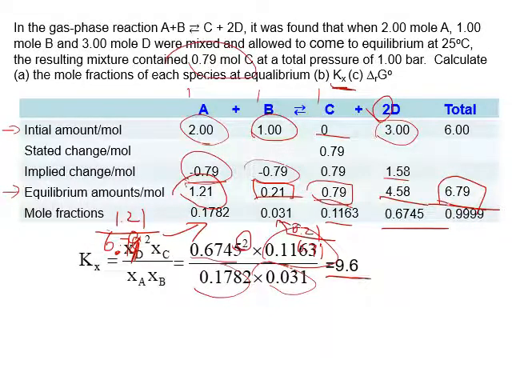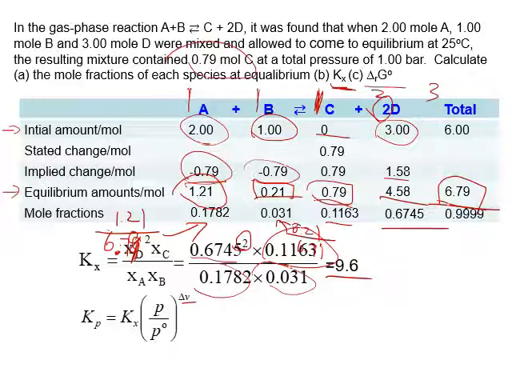In order to calculate the delta G, we need to know Kp. Kp and Kx are related by this equation: Kp is Kx times P to the power of delta v. Delta v is the products minus the reactants. So it's 1 C plus 2 D added together is 3, and the reactants are 1 plus 1, which is 2.